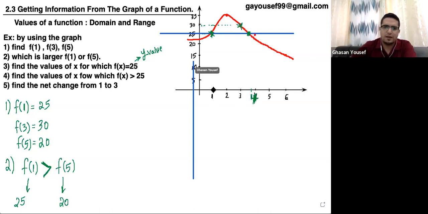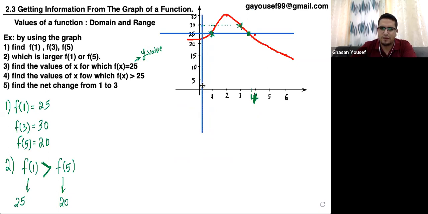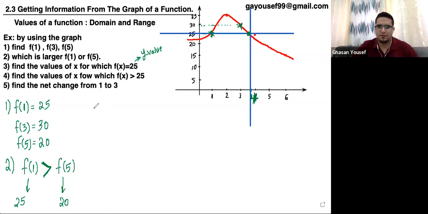So again, at 25 on the y-axis, the x value is 1 here, and the second value is 4. So for the third question, the answer is x equals 1 and x equals 4.